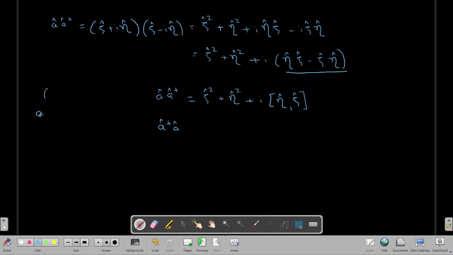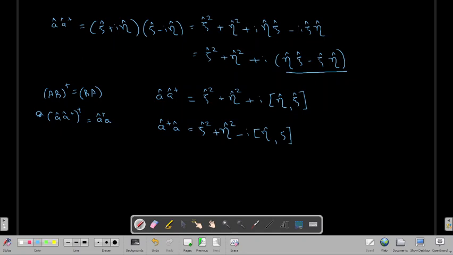Like you know that in matrices (AB) dagger is equal to B dagger into A dagger. So simply (A into A dagger) dagger can be written as A dagger into A. I have to just take the Hermitian conjugate of this thing, which means I have to replace this I with minus I. So this will be xi square plus eta square minus I into eta comma xi.